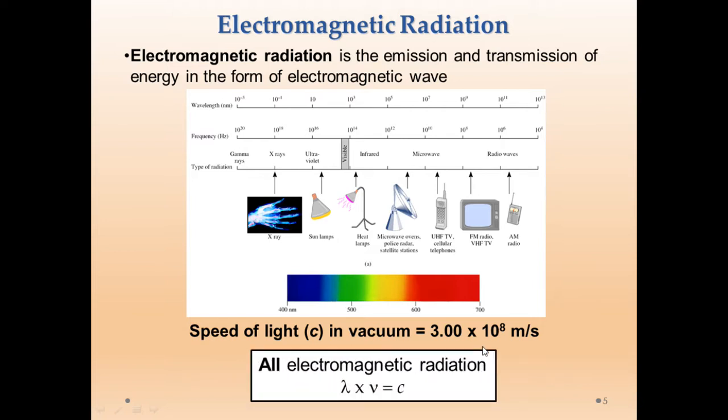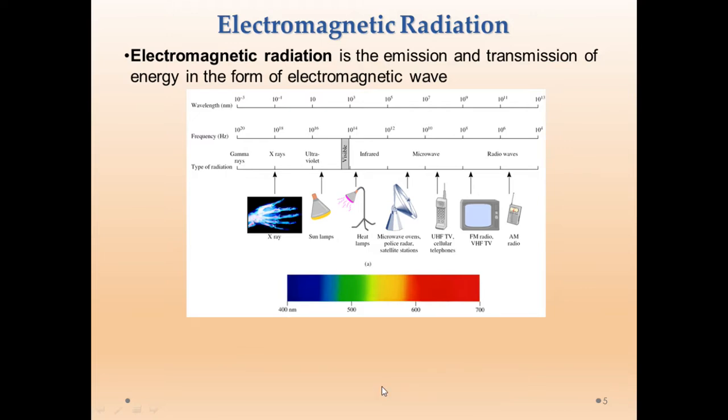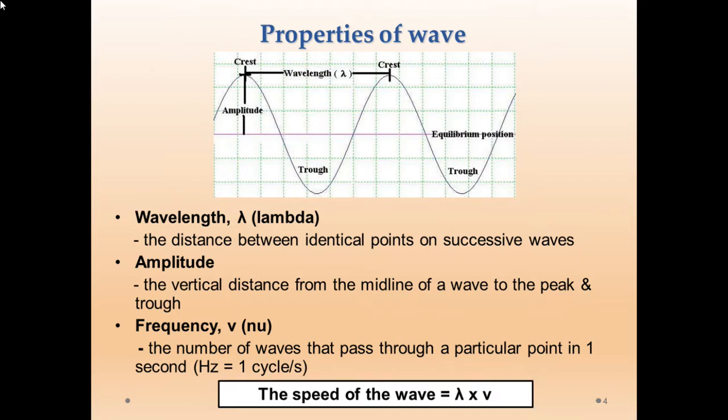For all electromagnetic radiation, lambda multiplied by the frequency corresponds to the speed of light. Where do I get the formula? It is from the earlier slide, from here.